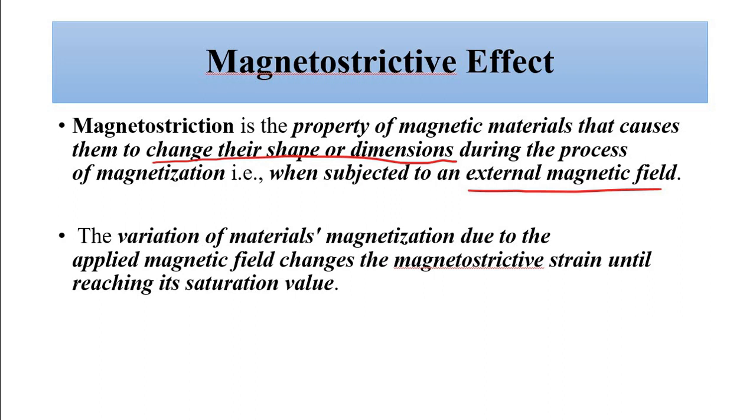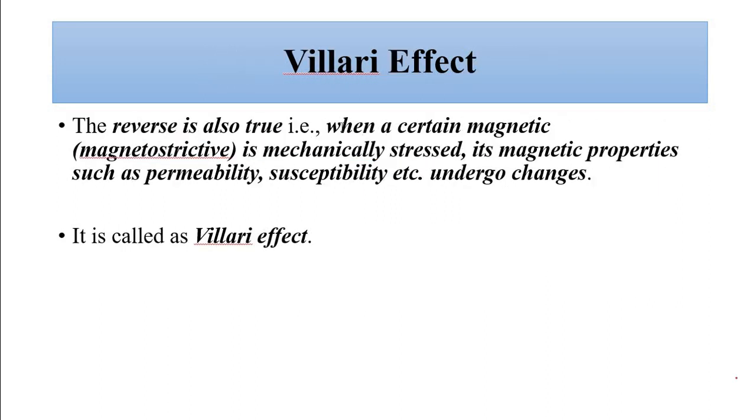So this is the magnetostrictive effect, where a change in magnetic field on the input side causes a change in the shape on the output side. That is the cause and effect relationship. The reverse is called the Villari effect, the reverse magnetostrictive effect.